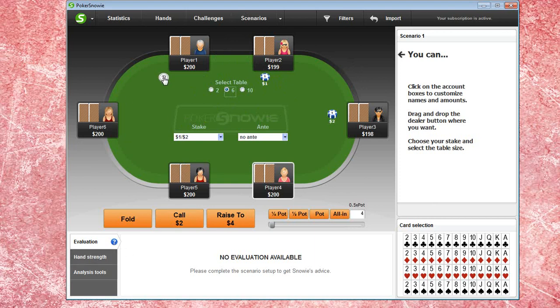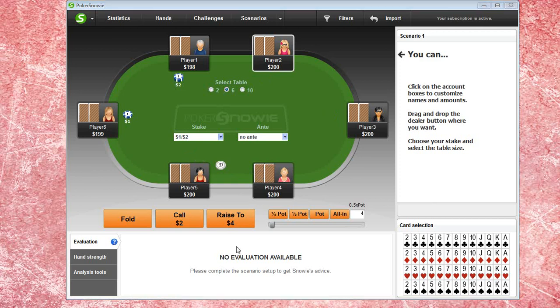And let's see. Button's here, and this is me. So I have ace of spades and ace of hearts. And again, stack sizes are irrelevant here, so I think we should be good.